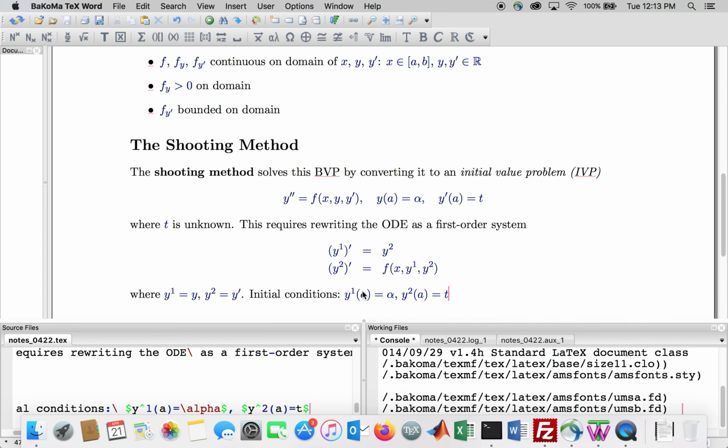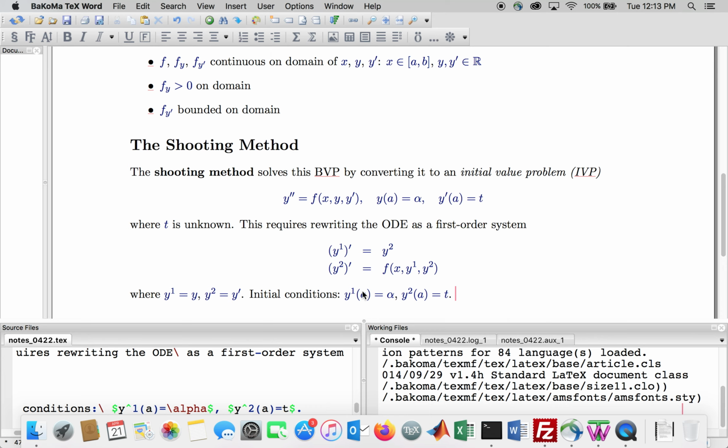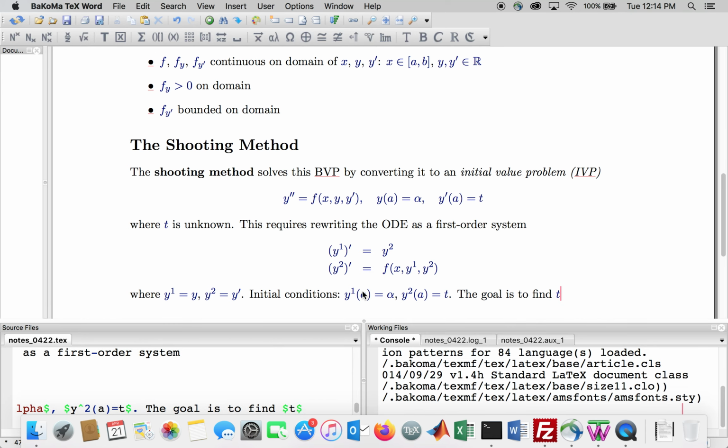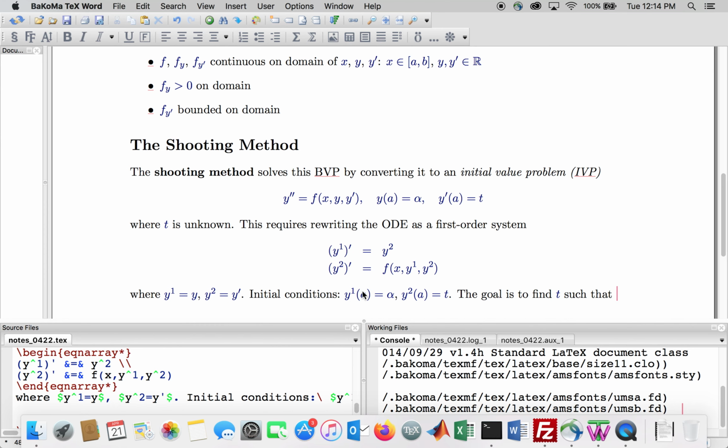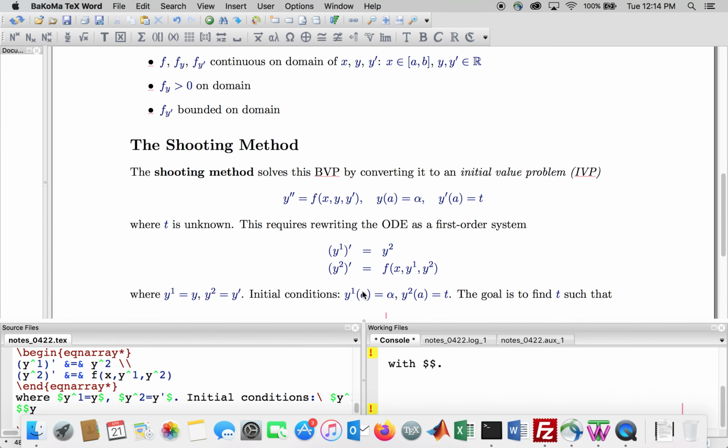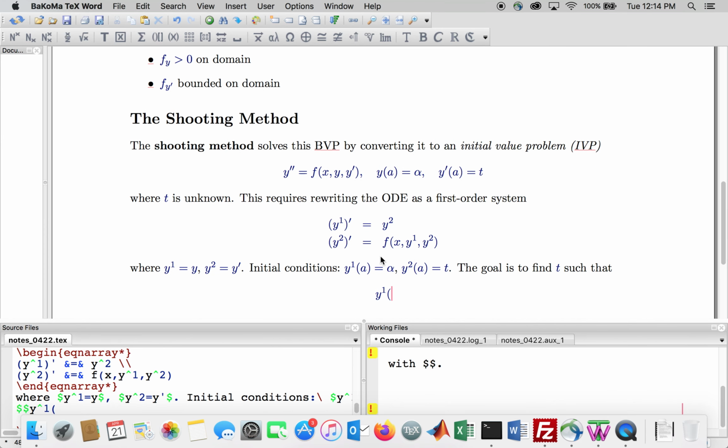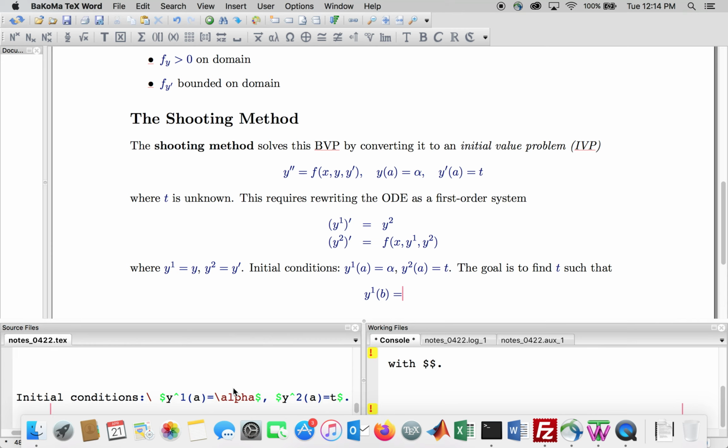So you can think of the goal as to find the value of t such that y1 at b equals beta. I'm going to call this value that we're looking for t star.